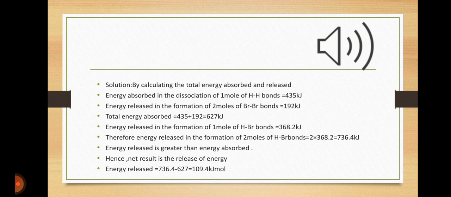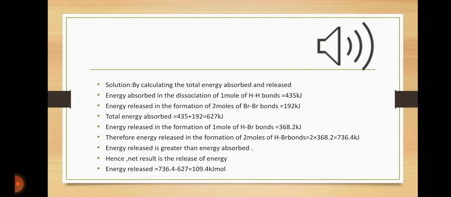Then the energy released in the formation of 1 mole of HBr bonds is 368.2 kilojoule per mole. Therefore, the energy released in the formation of 2 moles of HBr bonds is 2 into 368.2, which is 736.4 kilojoule.